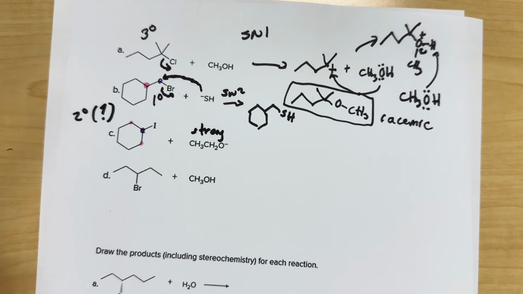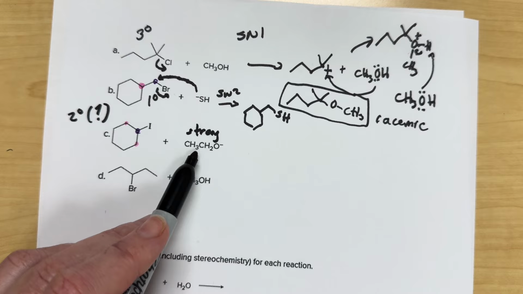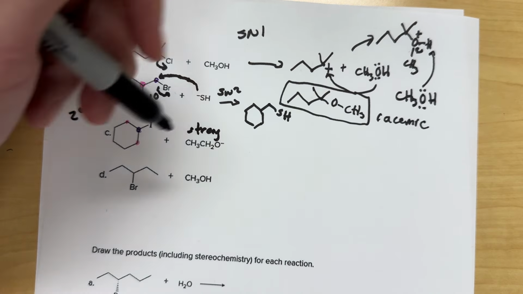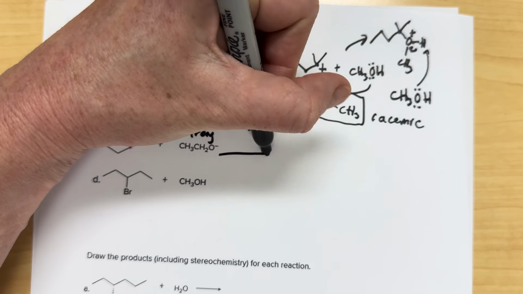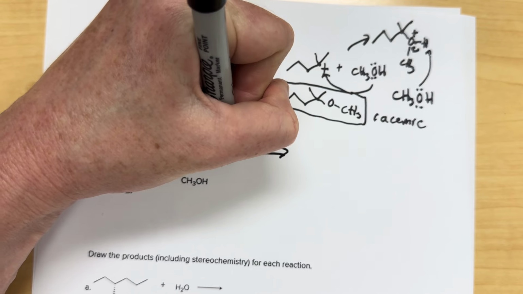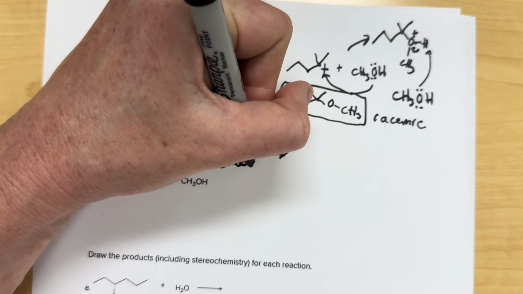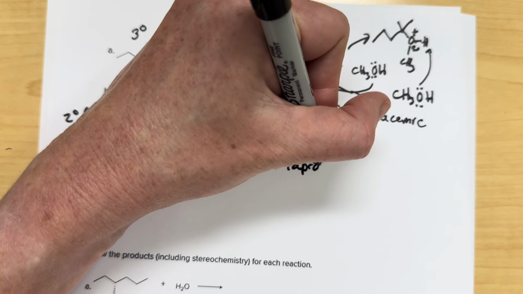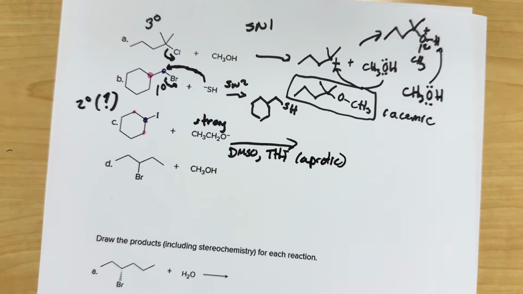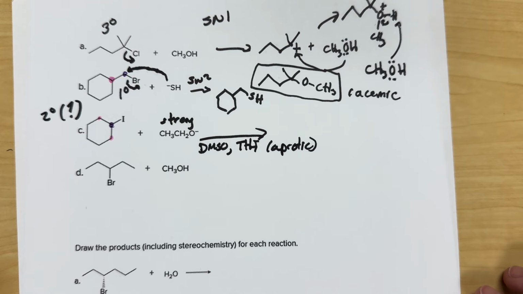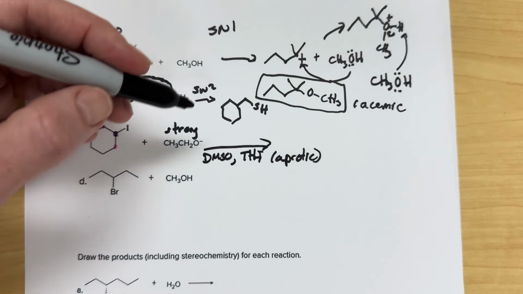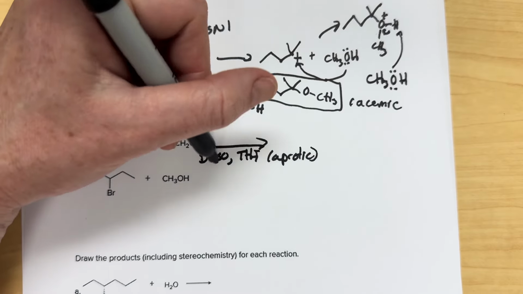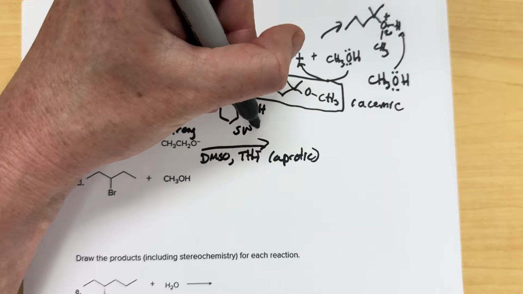Here, we don't know, but we have to look at the next best thing. This is a strong nucleophile. Now, you could have totally paired that with DMSO or THF or something like that, some kind of aprotic solvent to put a stamp on it if you wanted to. Okay, and we know that all these things are strong and those aprotic solvents will occur via SN2.